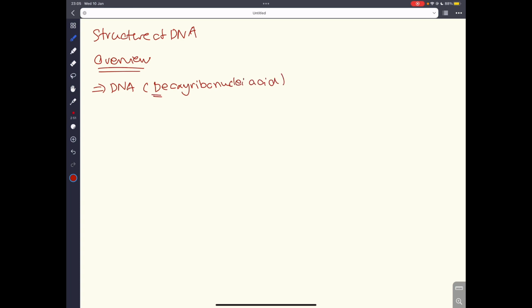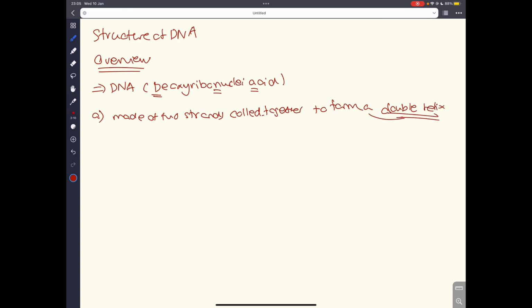Now, DNA is made up of two strands coiled together to form a double helix. Note that I use very specific terminology here: double helix, coiled strands. DNA is basically two strands which are coiled together antiparallelly to form a double helix.